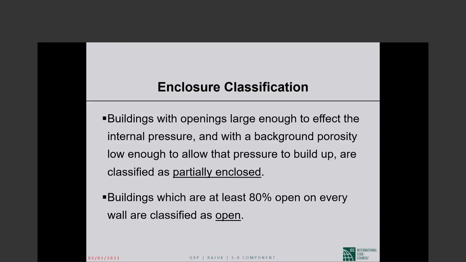So when we say enclosed building in ASCE 7 wind design provisions, it does not mean a jailhouse without openings on all the faces. It simply means it is a building that does not meet the definitions for a partially enclosed building or an open building. Okay, so an enclosed building is defined by default.